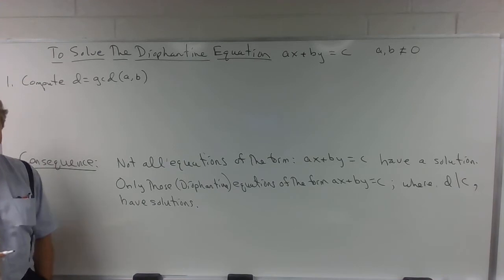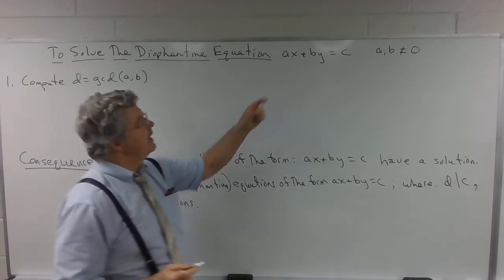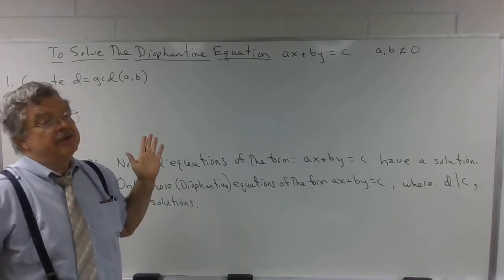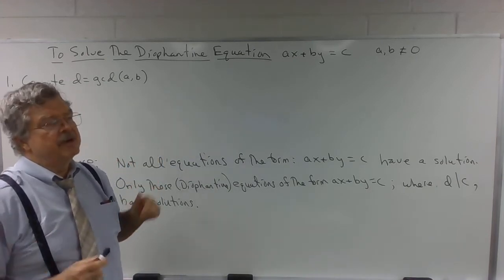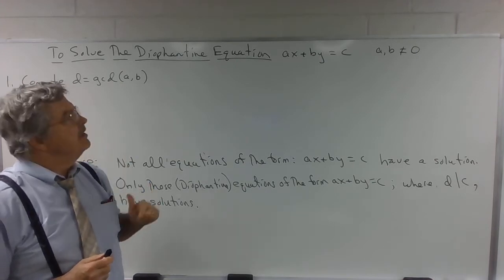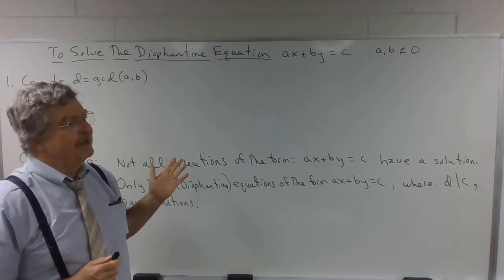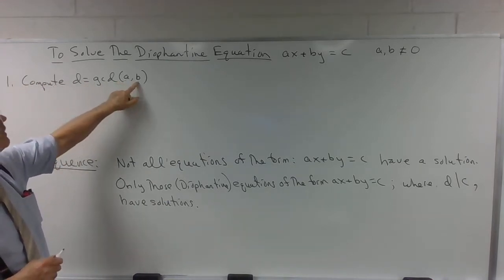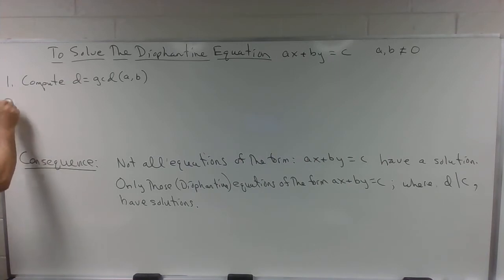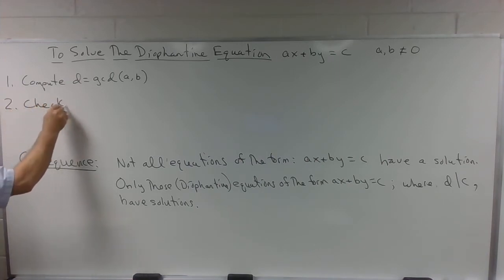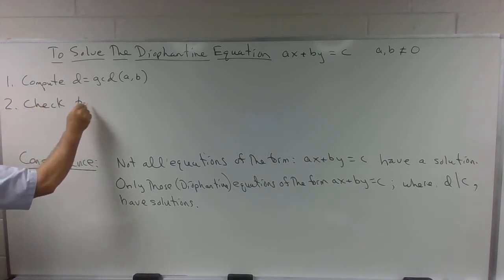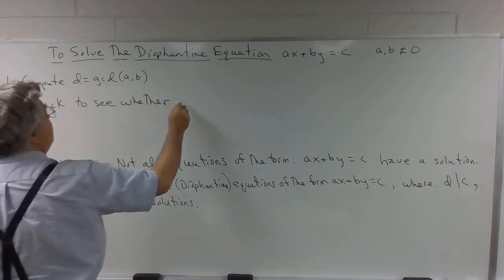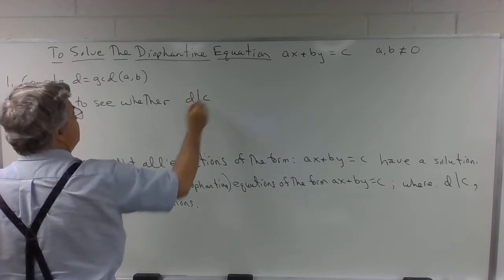So the first thing to do if we're trying to solve a Diophantine equation of this form is just to make sure it can be solved in the first place. We don't want to spend 25 minutes trying to solve an equation that doesn't have a solution. So first, compute the greatest common divisor of a and b. And then second, check to see whether d divides c.